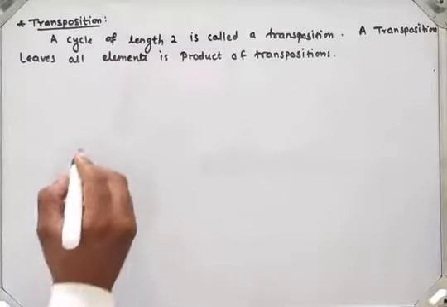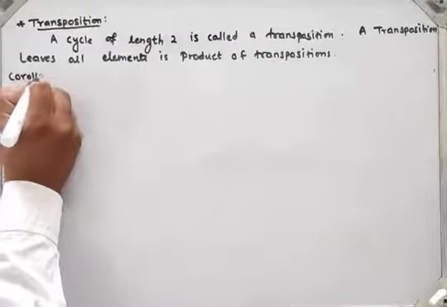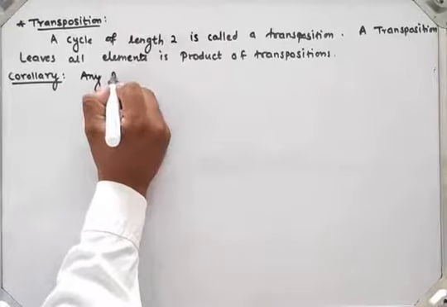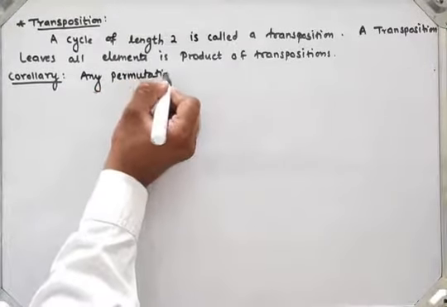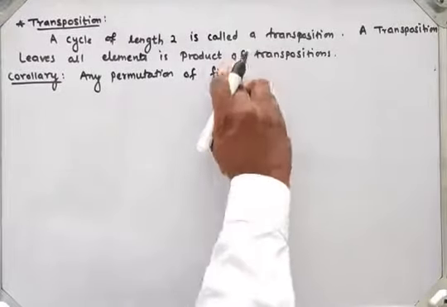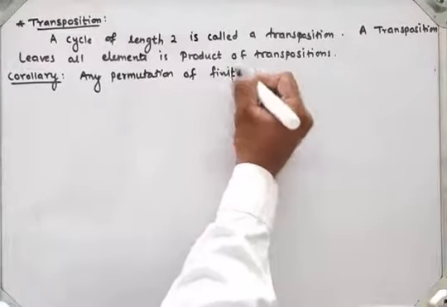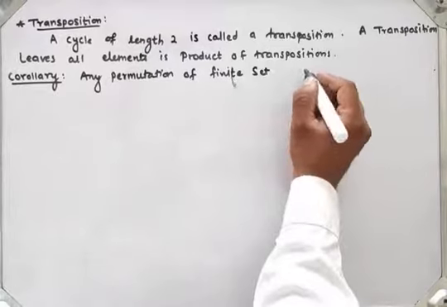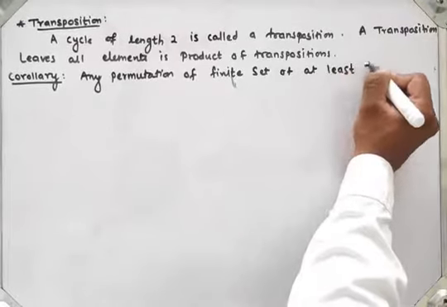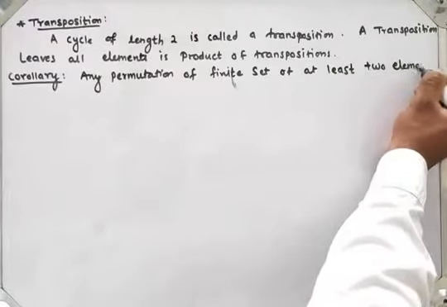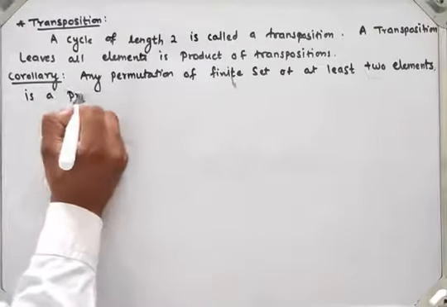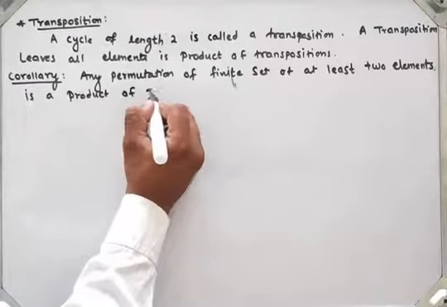So let's see the corollary. Any permutation of a finite set of at least two elements is a product of transpositions.